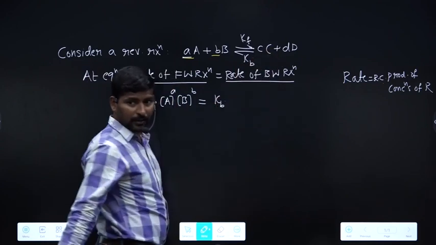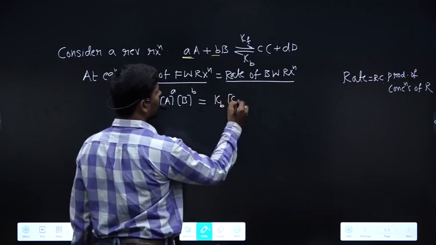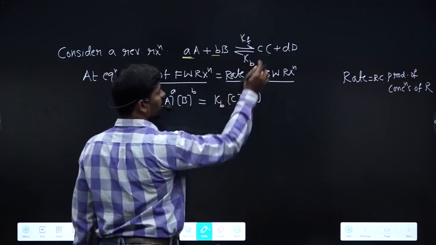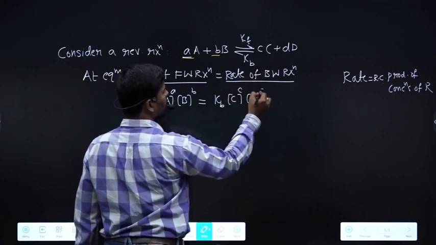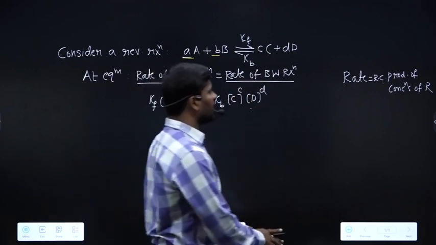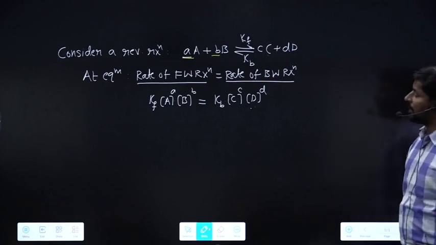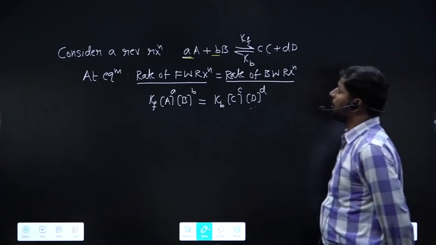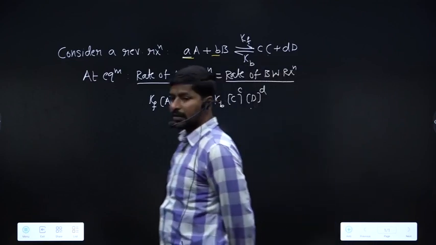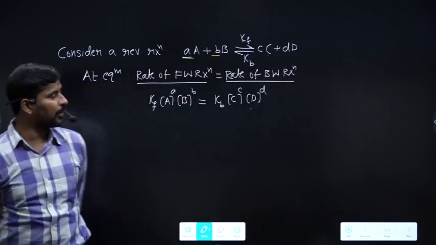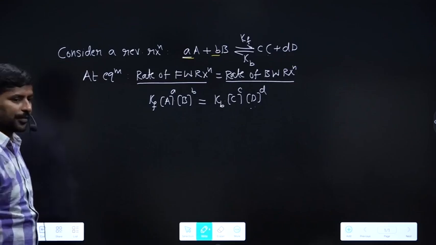The reactants for the backward reaction are C and D, with their stoichiometric coefficients: C power c, D power d. Like this we can give the rate of the forward reaction and the rate of the backward reaction: rate constant into the product of concentrations of reactants raised to their stoichiometric coefficients.